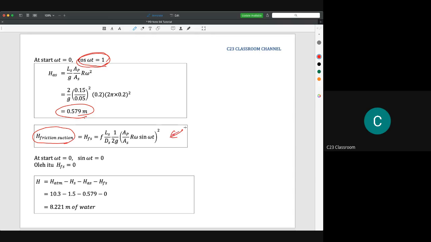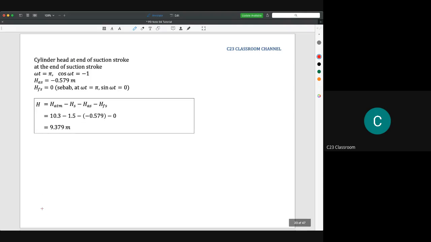So we need to use this equation. If we calculate, we find that at the start, because sin omega t is equal to 0, the friction becomes 0. So the total pressure head at suction at the beginning is 8.221 meters of water.